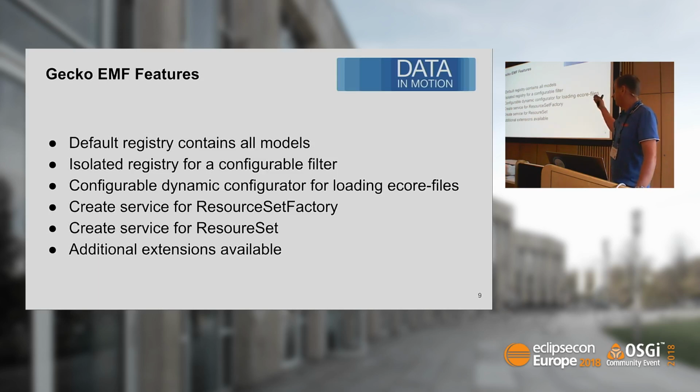So it's also in the configurator service that when it comes up, it will automatically inject it in the isolated registry or the default registry. So this is quite handy.